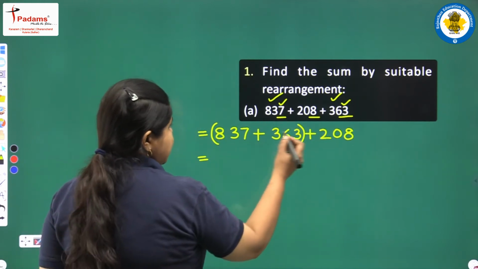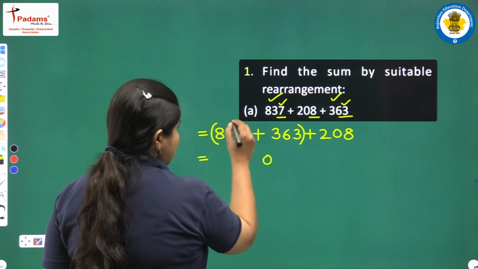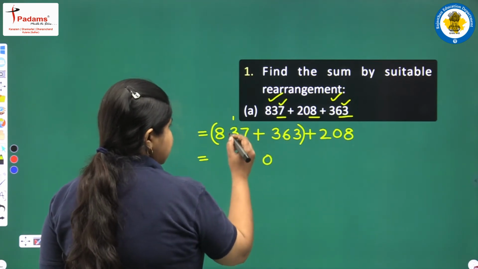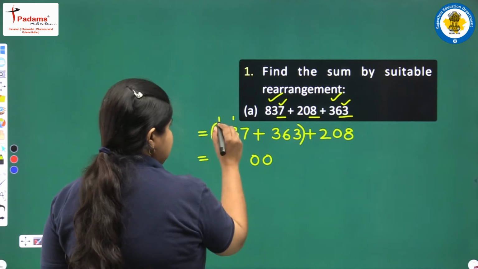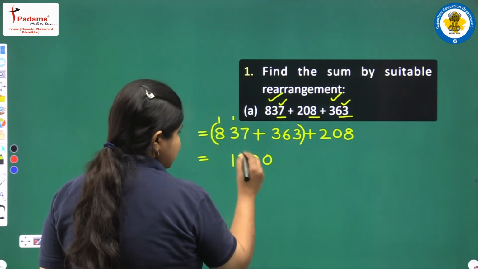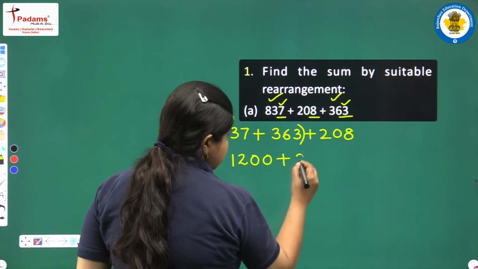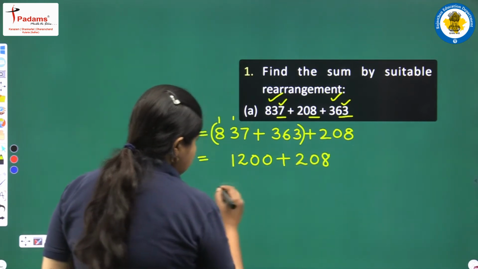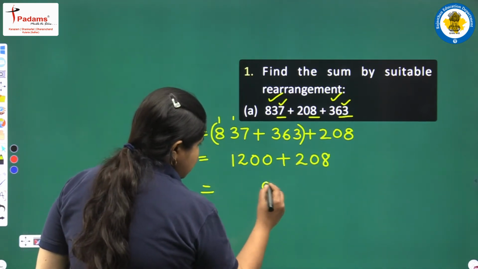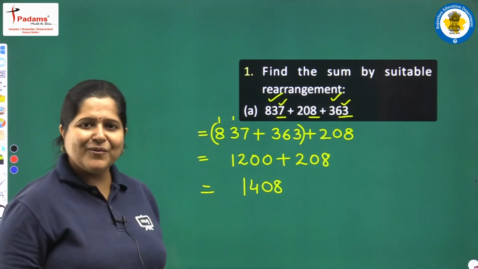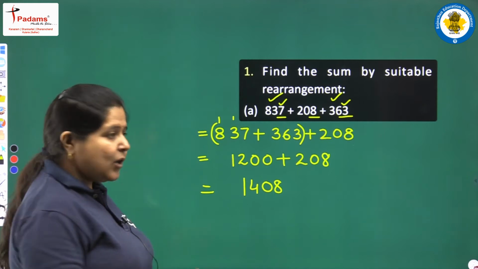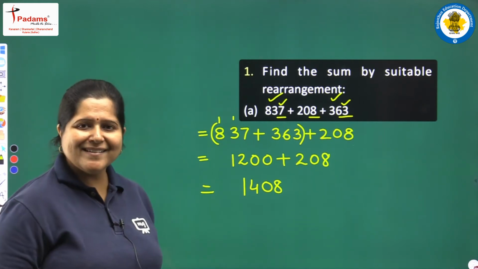Let us do this. 7 plus 3 is 10, 1 carry, 6 and 3 is 9 and 1, 10 again, 1 carry, 8 and 1 is 9 and 3 is 12. It's 1200 plus 208. Add the two numbers: 0, 8, 4 and 1. 1408. You can see how quickly and easily we got this answer.